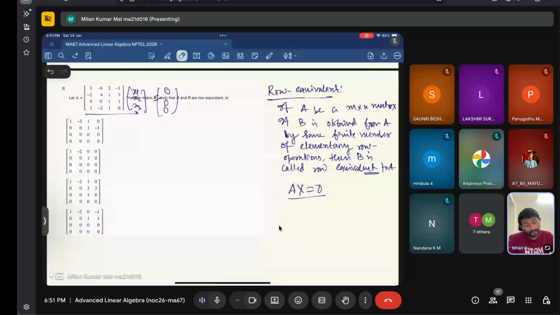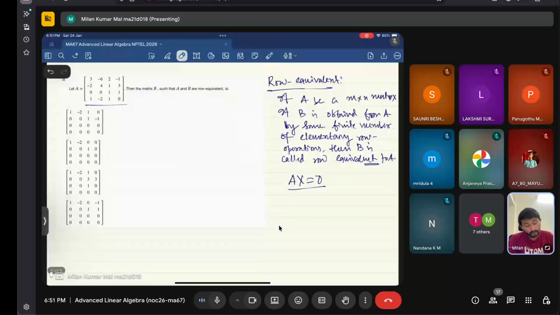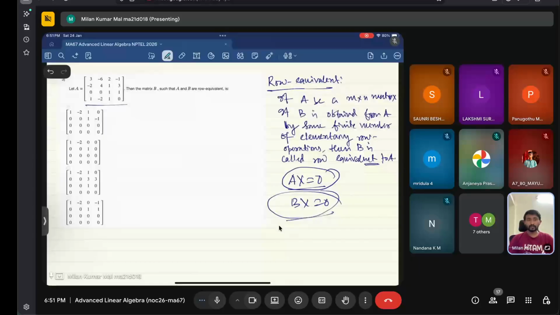Now, if you get the matrix B, which is obtained after row operations from A, then you will have Bx equals 0. The solution of this system is exactly the same as the solution of the other system. If x is something such that Bx equals 0, then that x will satisfy Ax equals 0. And if x is something such that Ax equals 0, that x will satisfy Bx equals 0.